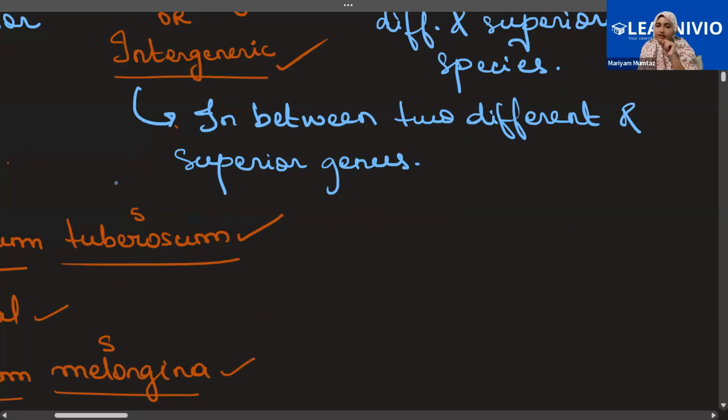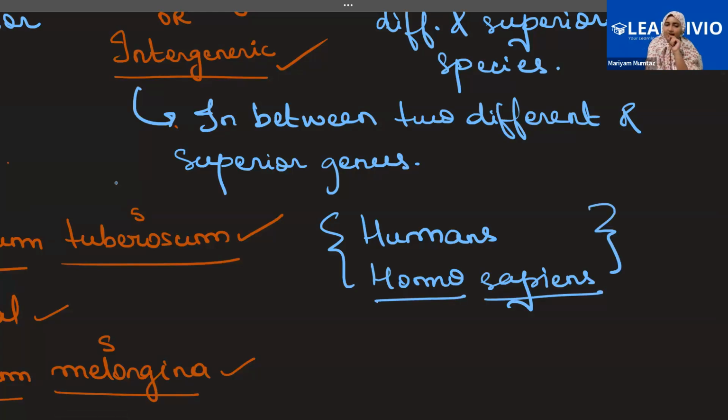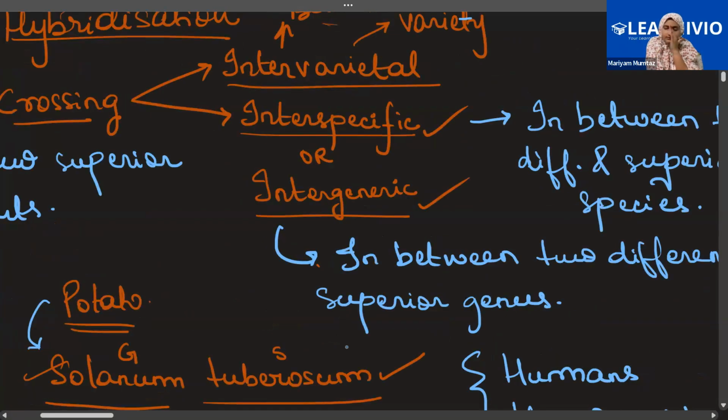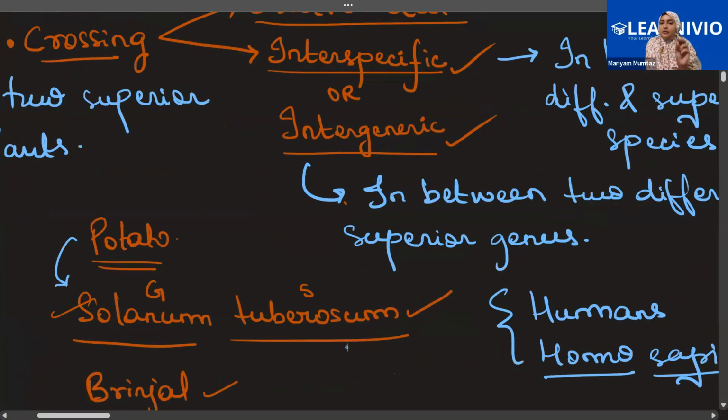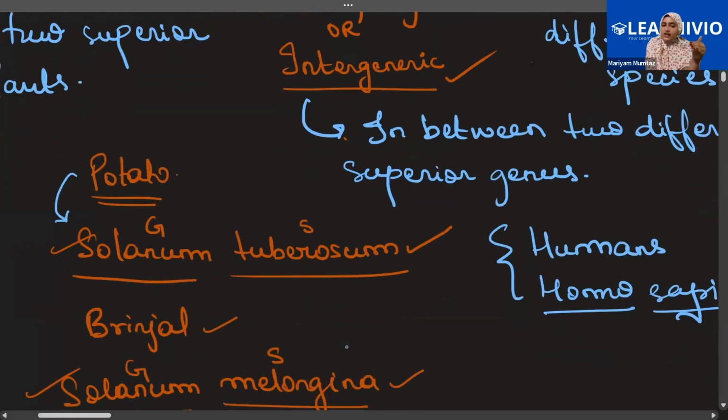I'll give you one more example, humans. Our scientific name is Homo sapiens, in which Homo is our genus and sapiens is our species. So when the crossing is done between two species, the genus is the same but the species is different. And when the crossing is done between two genus, then the genus are different.